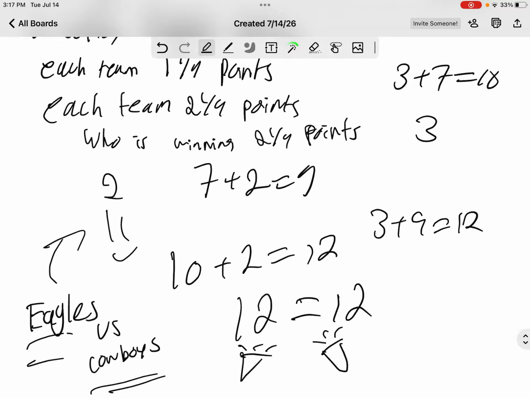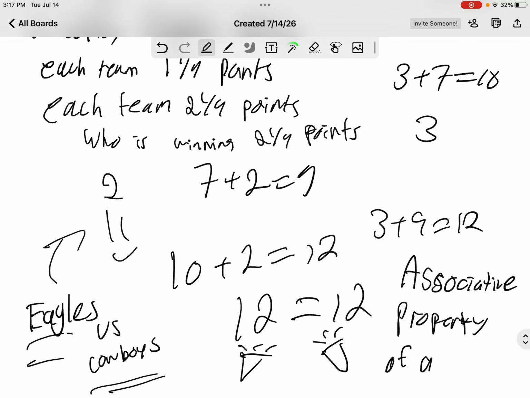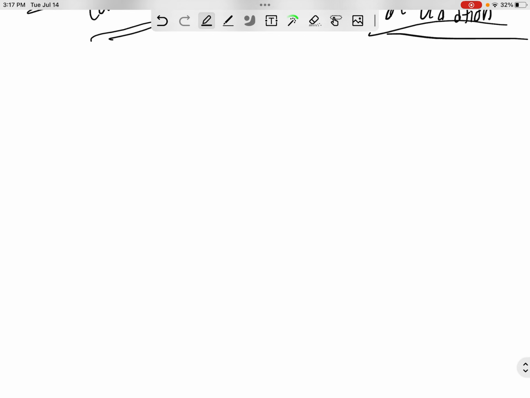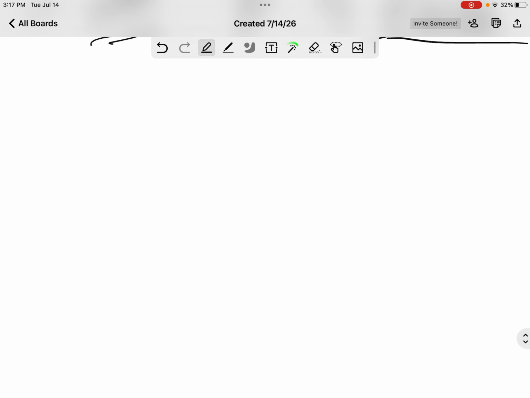This is just a humongous way of saying the associative property of addition. So, that's done with problem 1.5. We'll move on to 1.6.